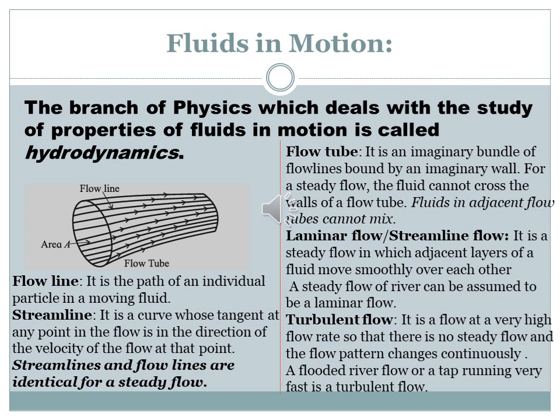Streamline is the curve whose tangent at any point gives you the direction of velocity of that fluid. Flow tube is the imaginary bundle of flow lines bounded by an imaginary wall. Laminar flow is the steady flow in which adjacent layers of fluid move smoothly over one another. And turbulent flow is the flow in which a very high flow rate is there, there is no steady flow, and flow patterns are changing continuously. All right, so let's see more differences between them.